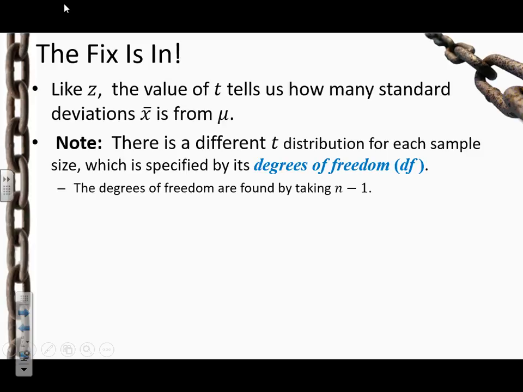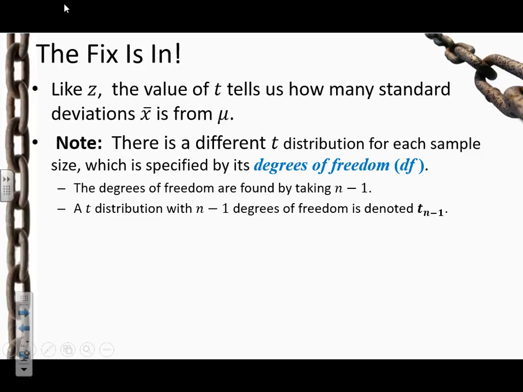So you would be dealing specifically with the t-distribution that has 49 degrees of freedom. If you change that to a sample of 30, you would now have 29 degrees of freedom, which means you're working with a new t-distribution, one that has 29 degrees of freedom, and so on. So every time you know your sample size, you know your degrees of freedom, which will give you a different t-distribution to work with.